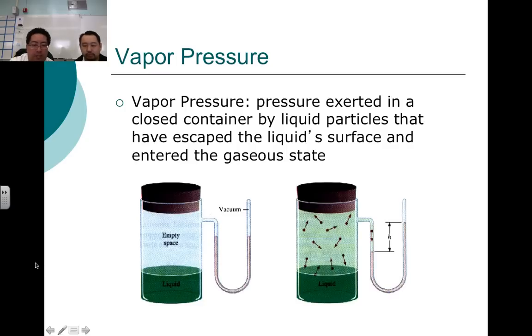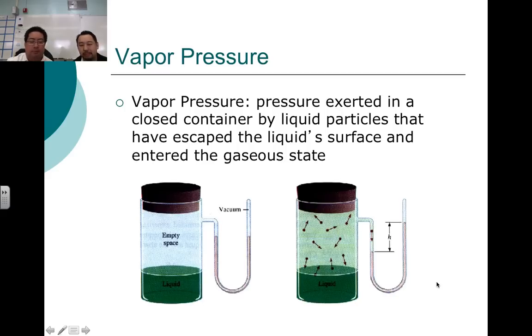Initially, when you first cap the system, there are no gas particles. But this empty space slowly gets filled up with liquid particles that have evaporated. Then some of those gas particles begin to condense back into liquid, and eventually the amount of evaporation is equal to the amount of condensation. That's where we begin to measure vapor pressures.